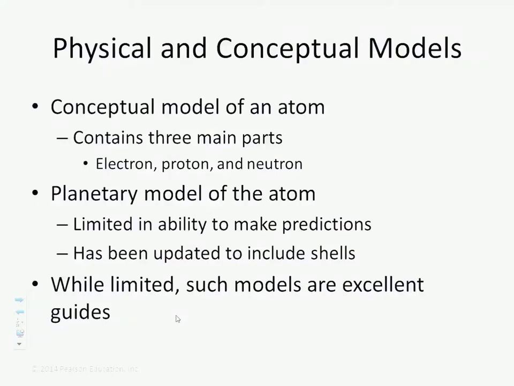The planetary model is a little limited in its predictions, but it's been updated since then to include shells, which we'll talk about at a later point. That goes a little bit further to look at the predictions of where electrons actually exist in the atom. Today we're just going to be talking about how an electron exists outside of the nucleus. These models are excellent guides, but they are limited.